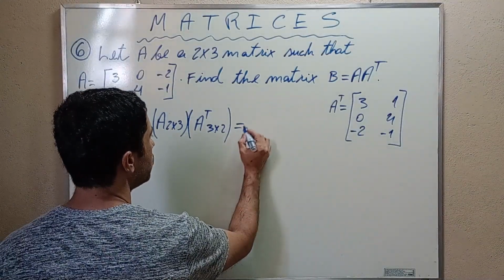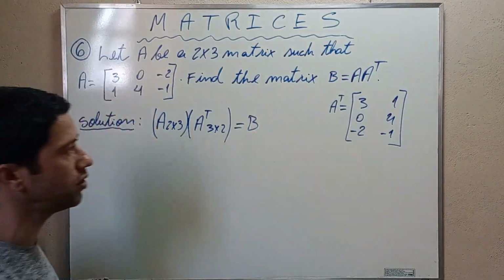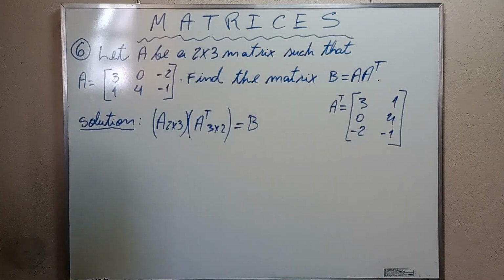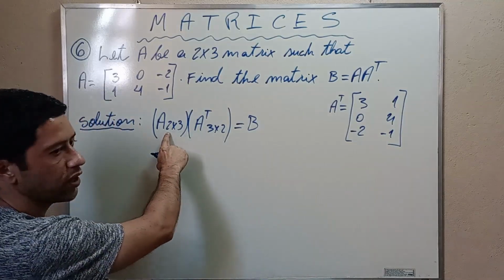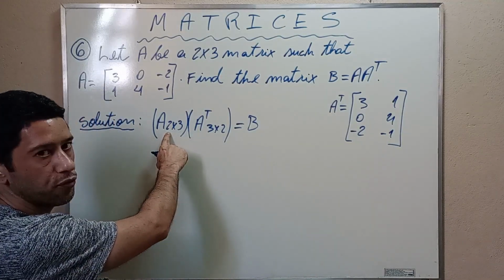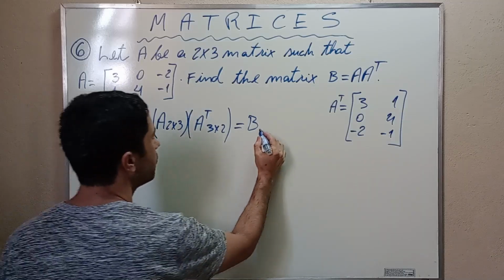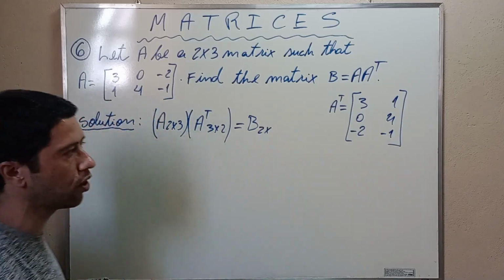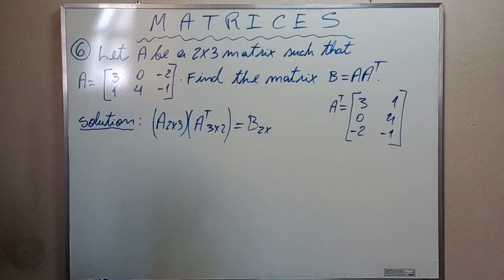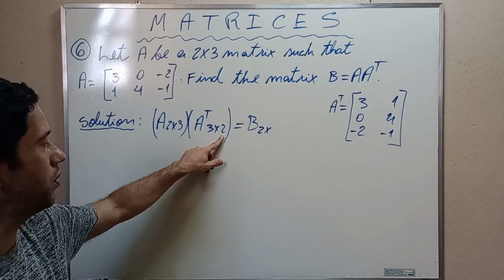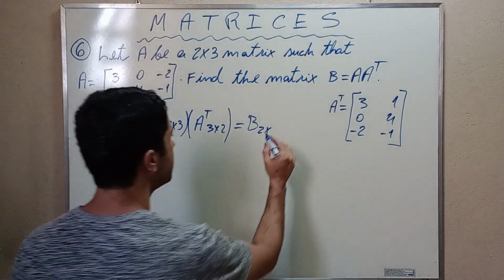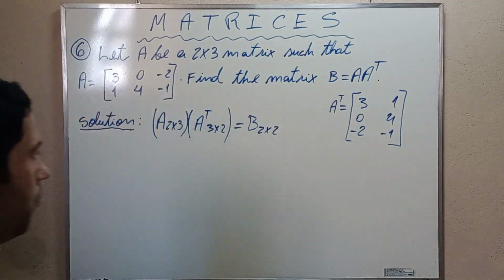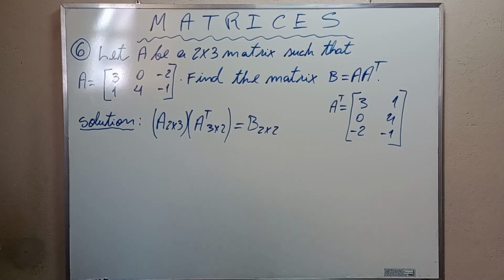We have matrix B resulting from this multiplication, and the number of rows of B is going to be the same as the number of rows of the first matrix, and the number of columns of B will be the same as the number of columns of the transpose of A, alright? Then we have this, matrix B is a 2 by 2 matrix, okay?